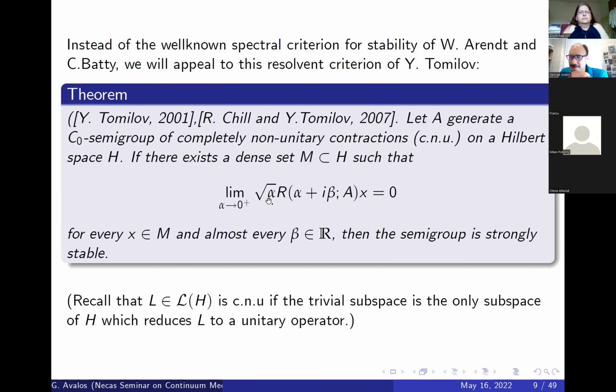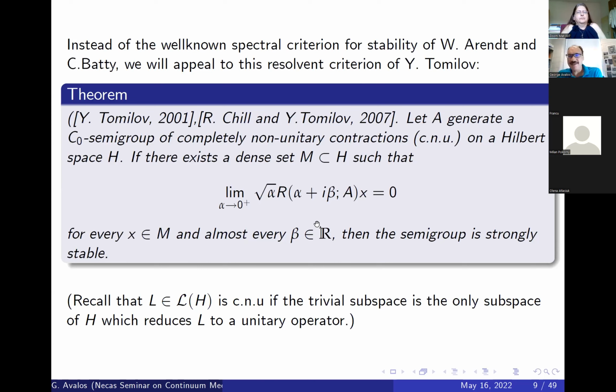If you can establish a strong limit, at least for almost every beta, then the semi-group is strongly stable. Okay, there are various statements of this strong resolvent criterion. We're using this one, and we'll see why in a bit.